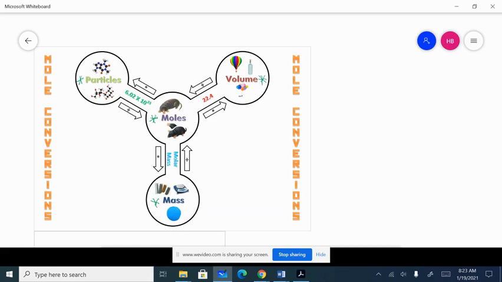Now notice when you're going from moles to mass, you multiply. When you're going from mass to moles, you divide by the molar mass. And when we talk about molar mass, we're talking about the periodic table of the elements.